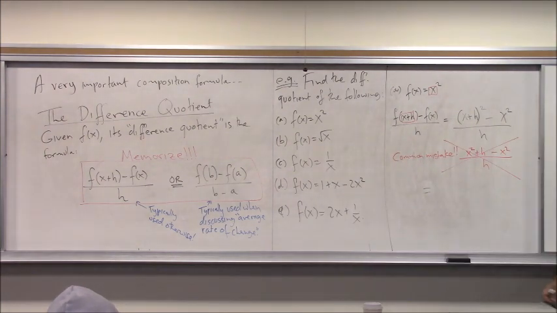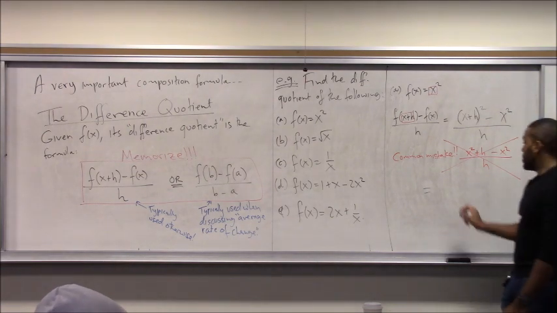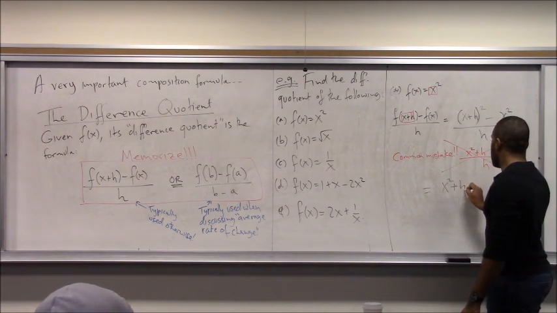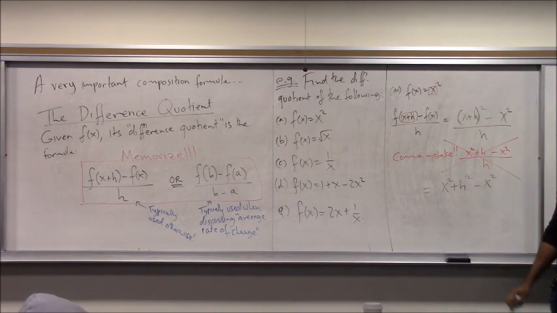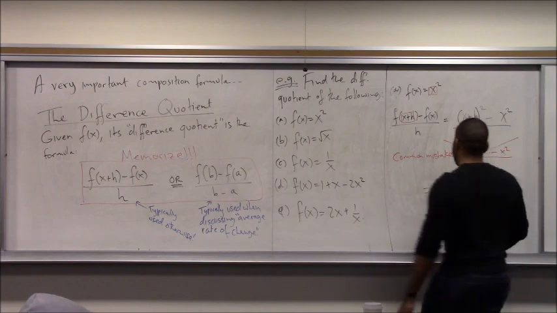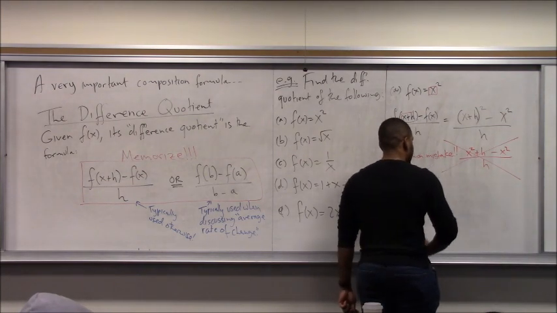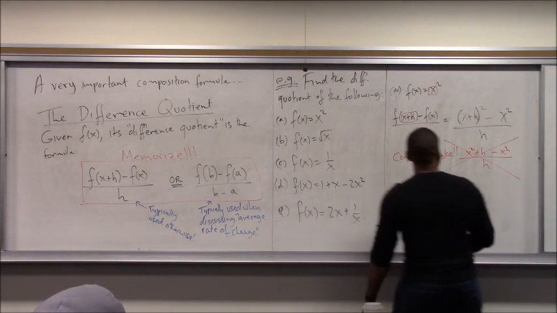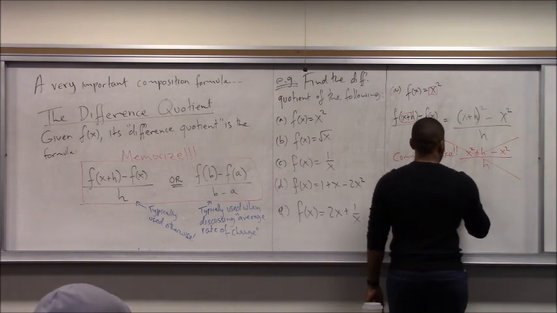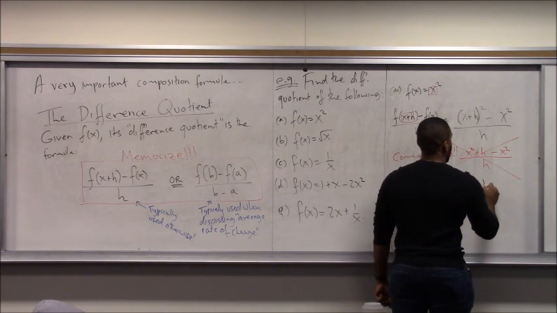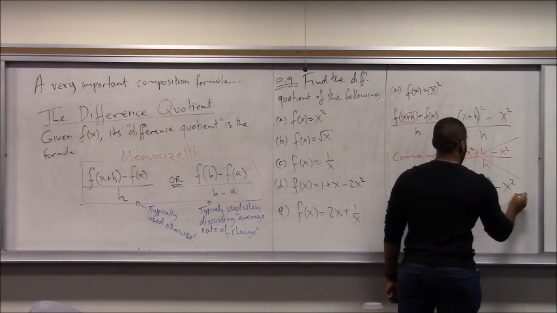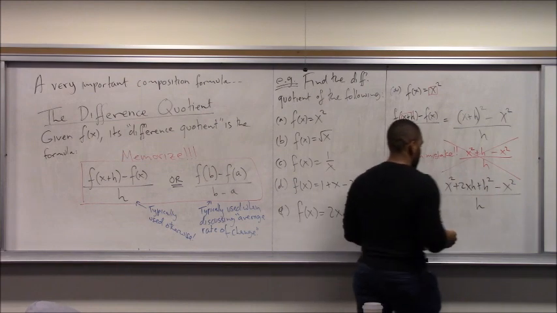Continue. How do you finish up? Well, that would just be x squared plus h squared, right? Another common mistake. What is it? x squared plus 2xh plus h squared.